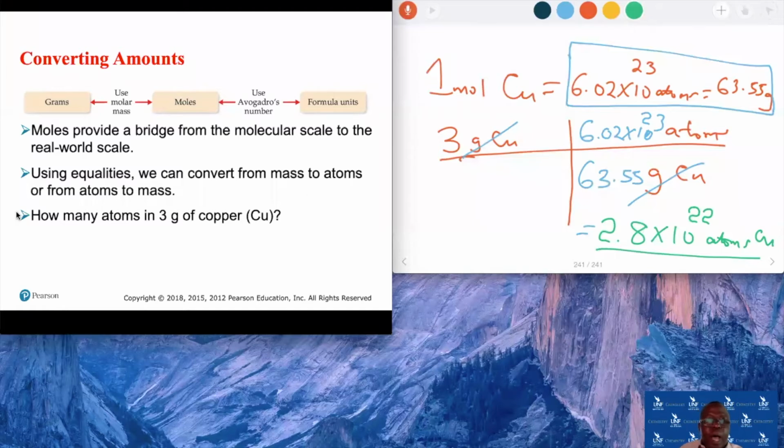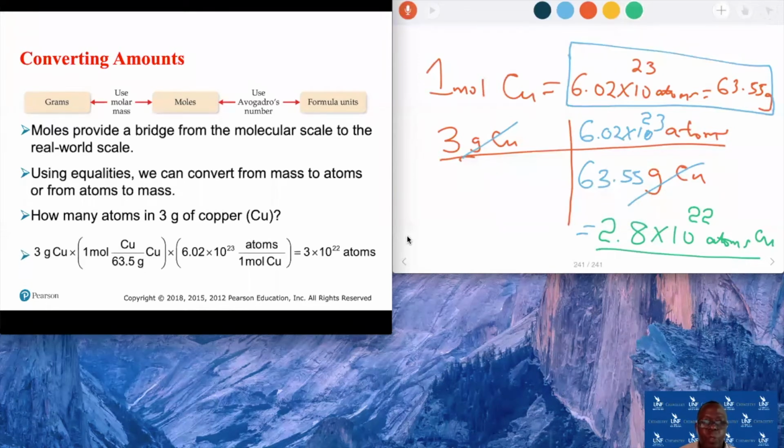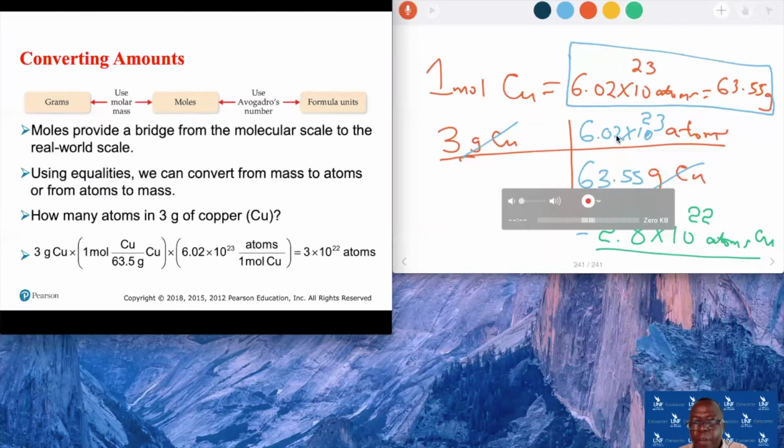Please, you'll have to set up your calculation. I know somebody will have difficulty keying it in on a calculator. You can just multiply across and divide by that, or you can divide first and then multiply to get the answer. So know how to set up your problem. It might look scary to some of you, but in a simple fashion it's still the same thing.